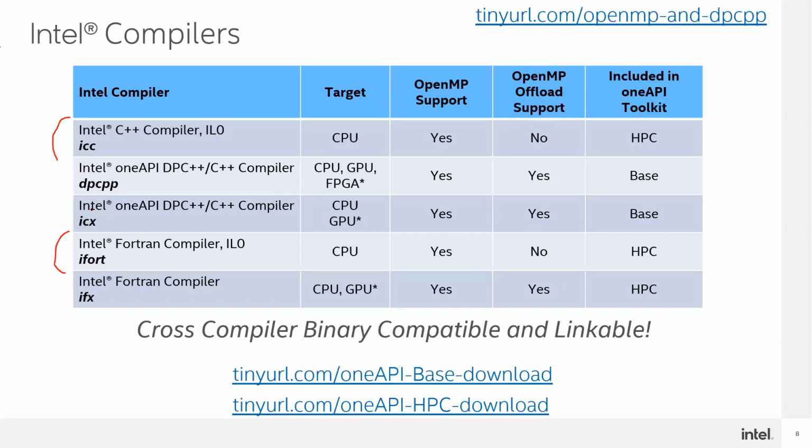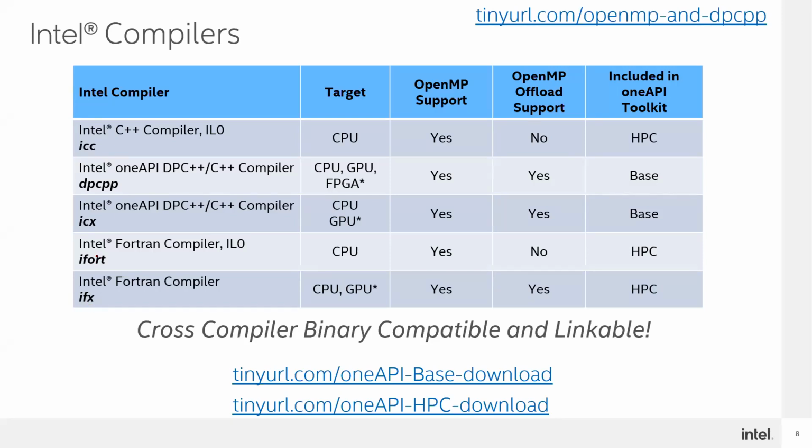So this is our classic compiler, and these are our LLVM-based compilers. If you see the X at the end of a compiler driver, then it is a new modern LLVM-based compiler.